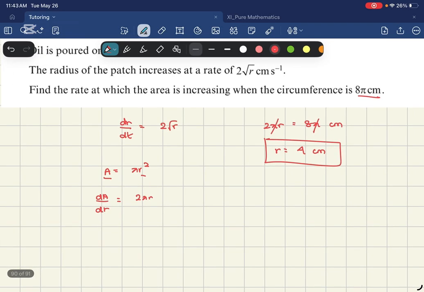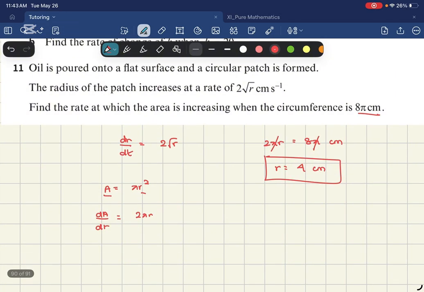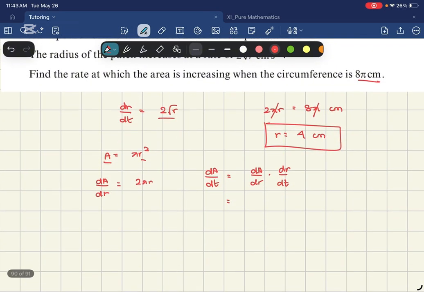So dA by dr is the circumference at that particular r value. All right. So now, we want to find dA by dt. And dA by dt is always going to be dA by dr times dr by dt. So what is dr by dt? 2 root r. And what is dA by dr? It is this expression.